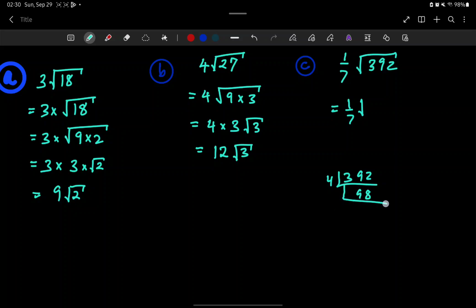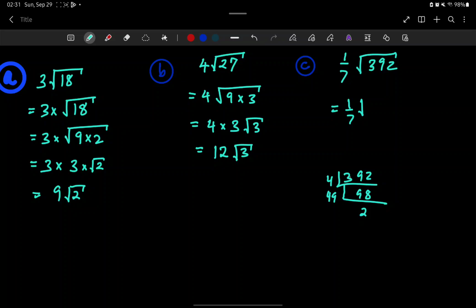Let's try to find another perfect square number that can divide this 98. From what I see here, I know 98 is divisible by 7, but it's also divisible by 2, and I can see that this one is actually 2 times 49. So I could divide that number by 49, because 49 is a perfect square number, and when I divide this, I'm going to get 2, right?